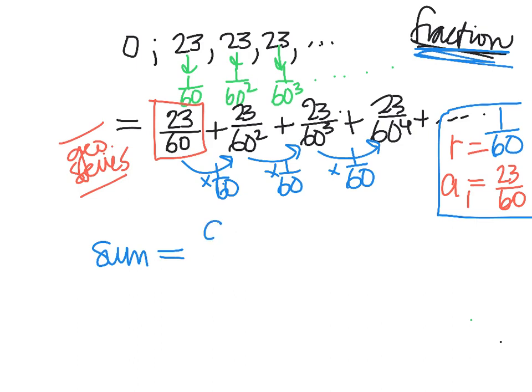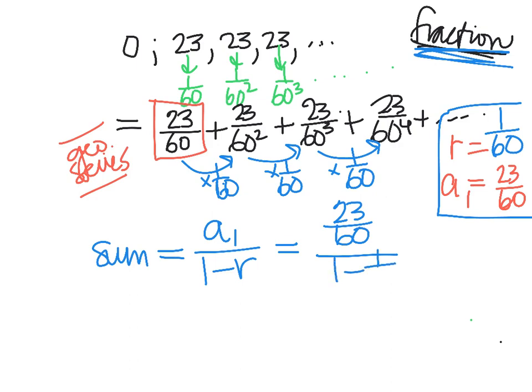So we said before that we were going to take the first term over 1 minus the common ratio. In terms of this example, our first term is 23/60, and we're going to want to divide that by 1 minus 1/60.